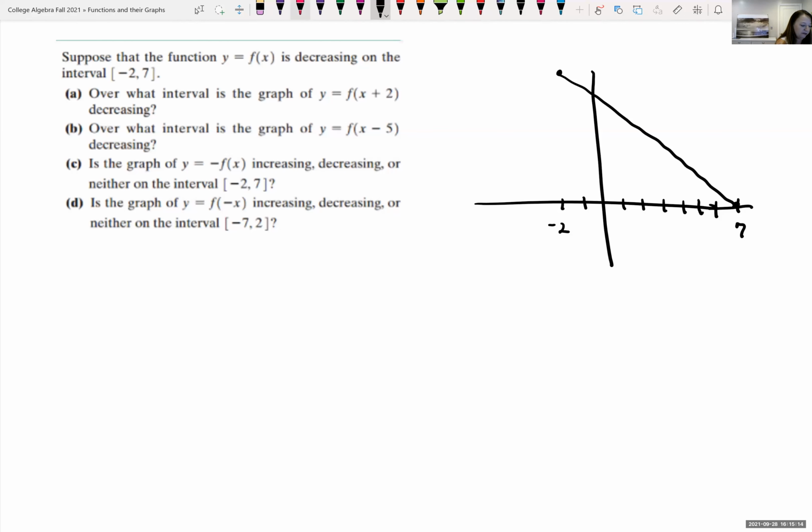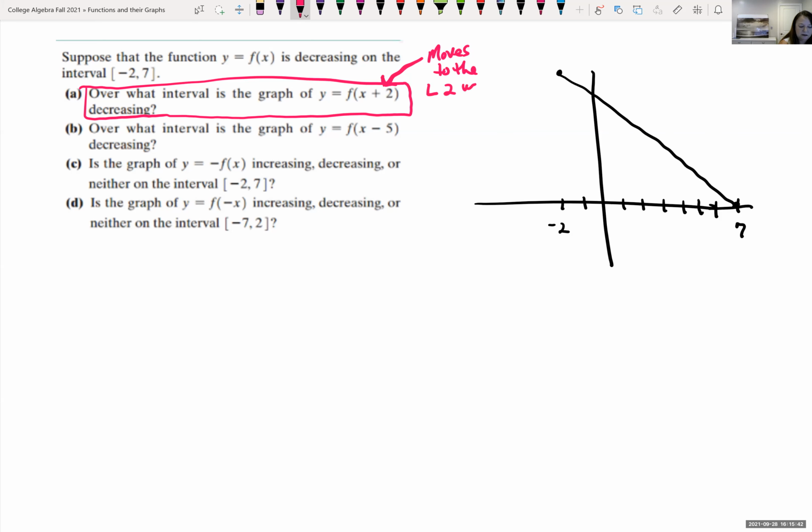Okay, so it's decreasing from x equals -2 to 7. And we want to know over what interval the graph y equals f of x plus 2 is decreasing. Well, let's think about what that x plus 2 inside the parentheses is doing. It's inside the parentheses, so it's affecting my x value. Kind of think of it opposite. So this moves it to the left 2 units.